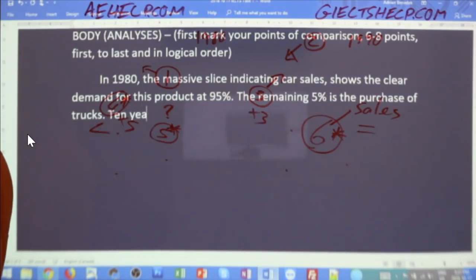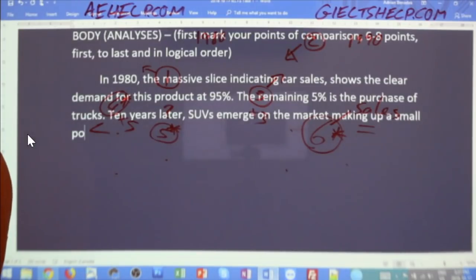Okay, 10 years later, SUVs emerge on the market, making up a small portion of vehicles sold.